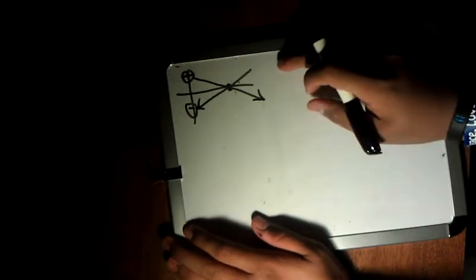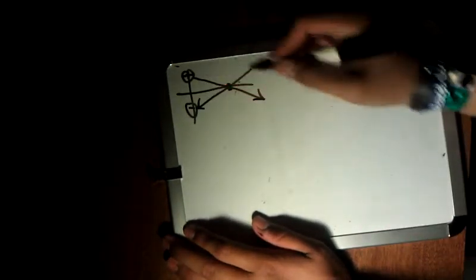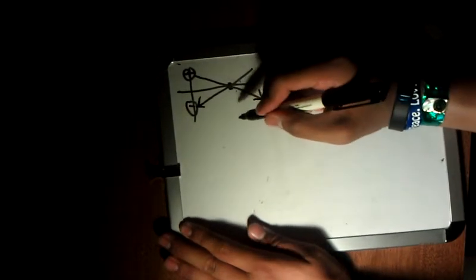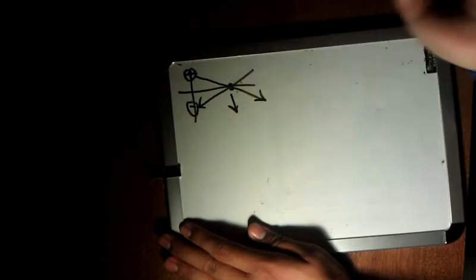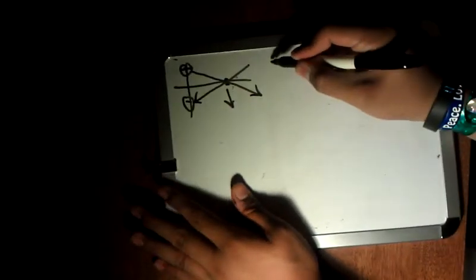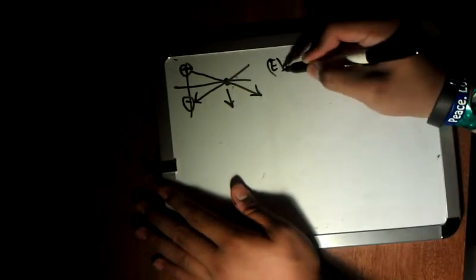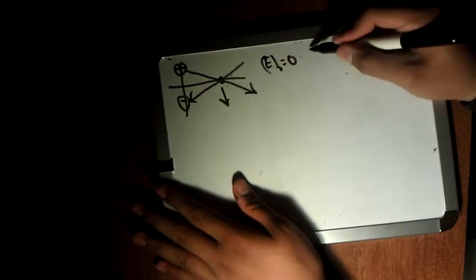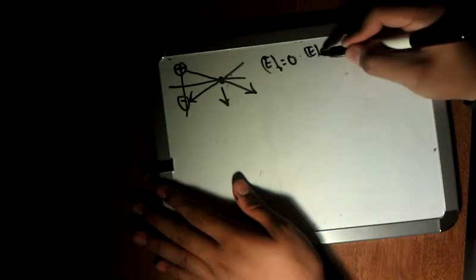So from this alone, we can see that the x components will actually cancel each other out, leaving just a y direction, E_y. So what we have right now is that x equals 0, and now we have to solve for the E_y for the dipole.